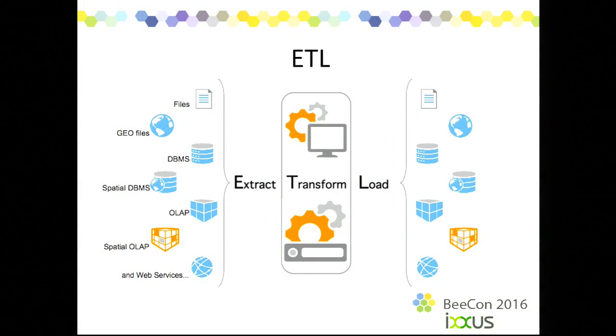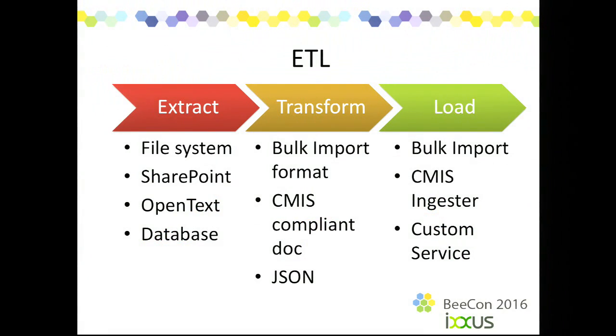But in an Alfresco scenario, we can say that we extract information from file systems or any ECM, even a database, using either, I don't know, the APIs that the system provides or any other approach that you may take.